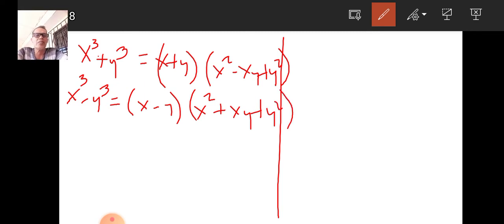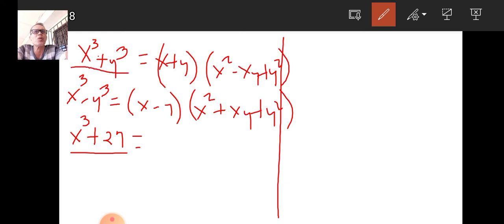Okay? For example, if we have x cubed plus 27, you are going to write it in the form of x cubed plus y cubed. So you will have x cubed plus the cube root of 27.